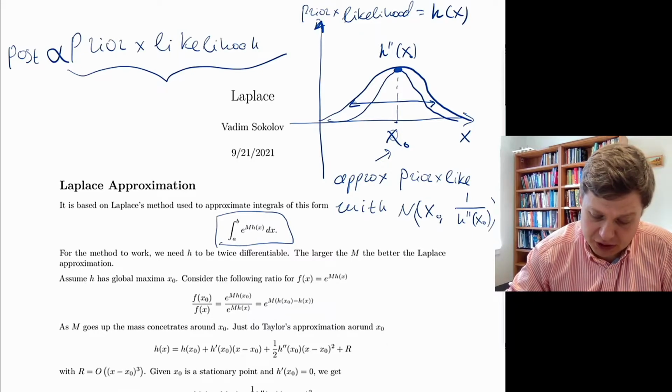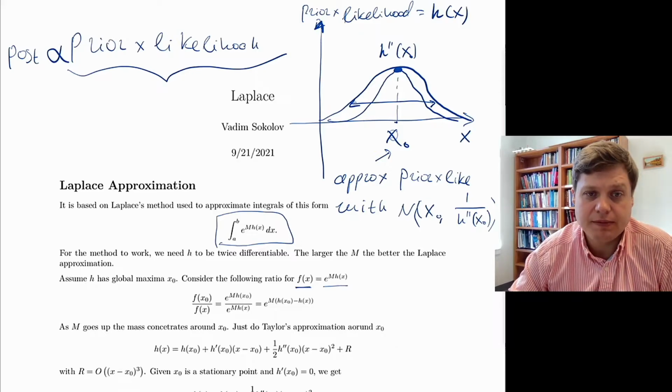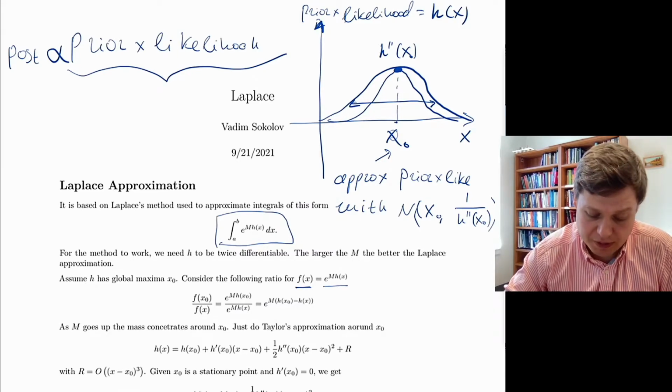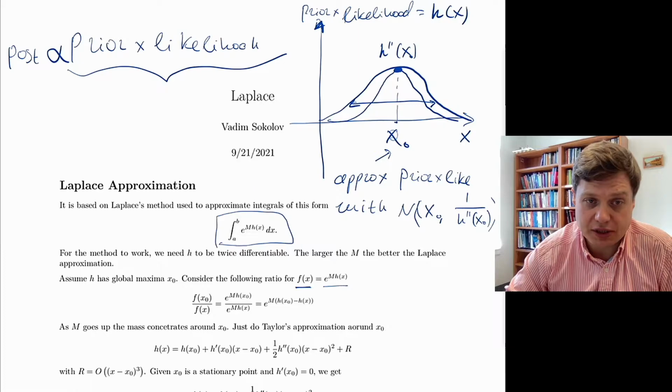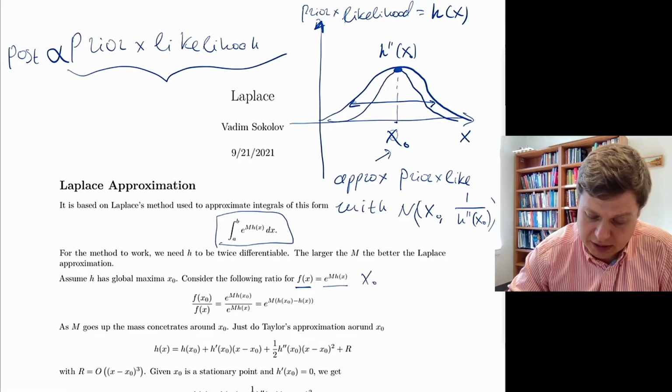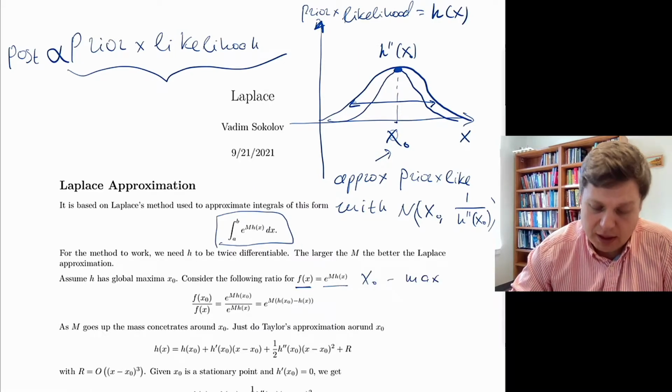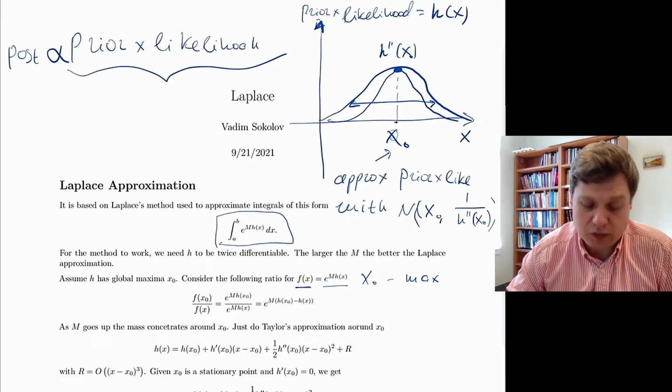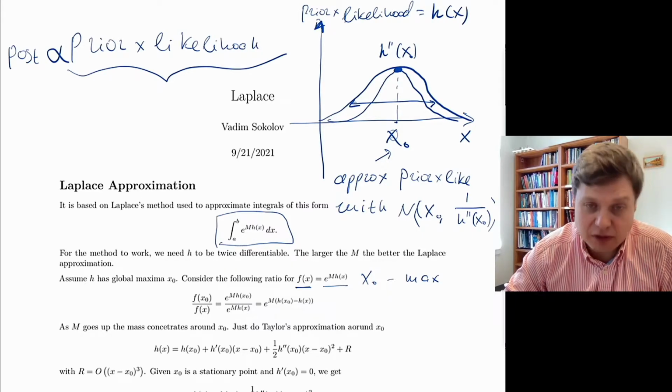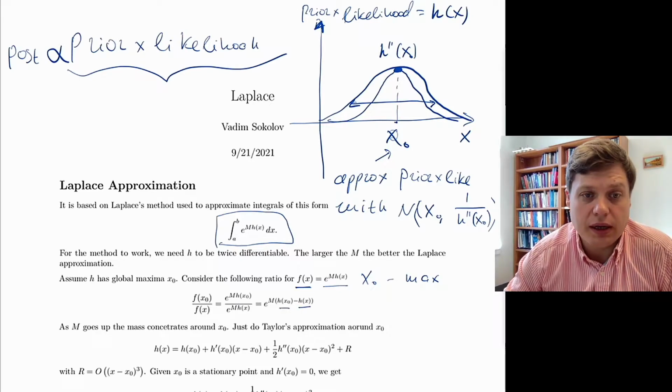Let's introduce the function f, which is the exponential. That's our integrand. Let's look at the ratio of this function at the point of maxima, x0, over f(x). And we will see that's just the exponential of M times h(x0) minus h(x).